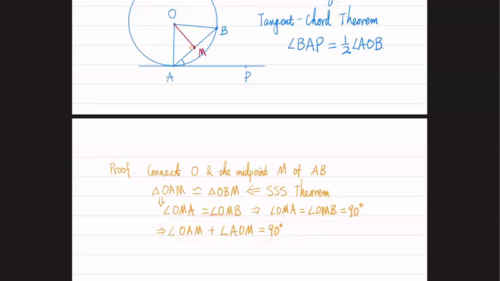The intersecting chord thingy. No. So we know this one is 90. Why the summation of these two must be 90? Complementary, right?